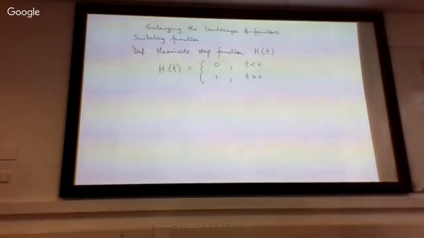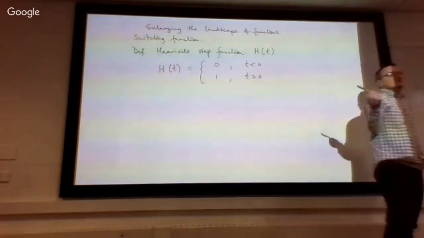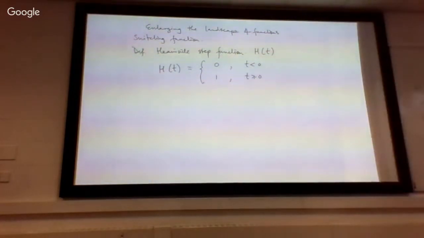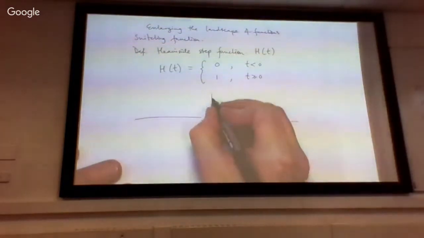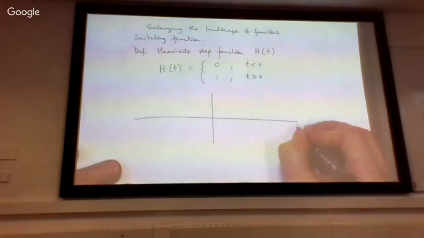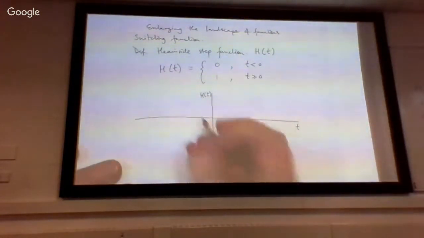At all negative values of t, the thing is switched off. 0, that's nothing, the absence of something. And at t equals 0, it switches on. It suddenly takes the value 1. So it's certainly not a continuous function. It's got a discontinuity at 0. And it's got a pleasing enough graph.